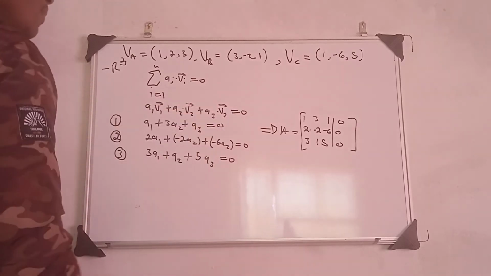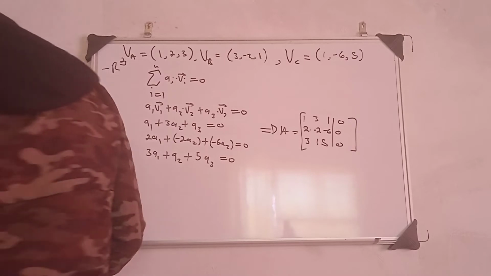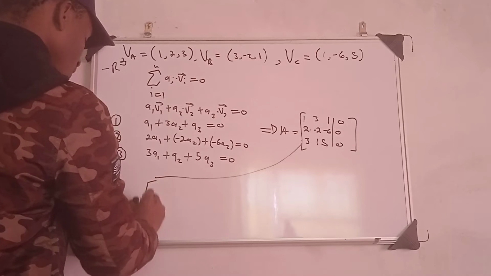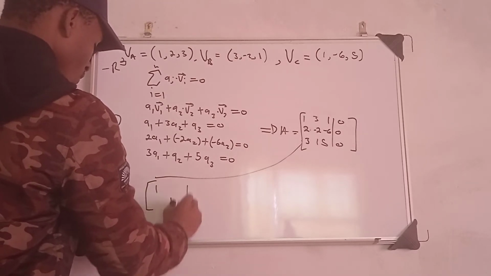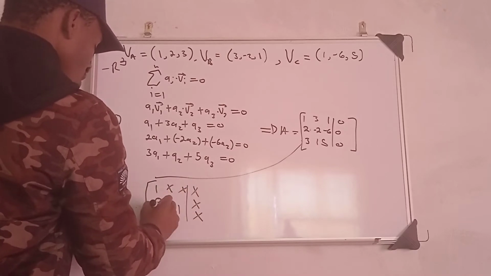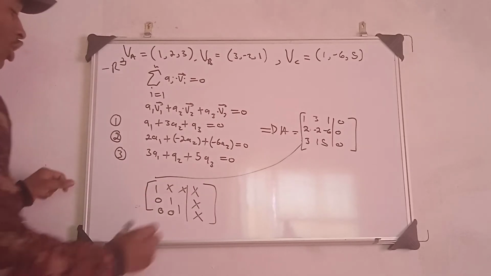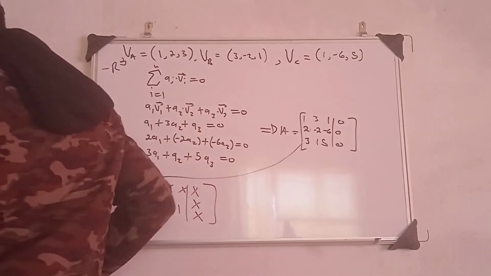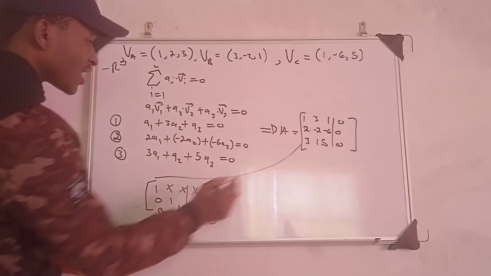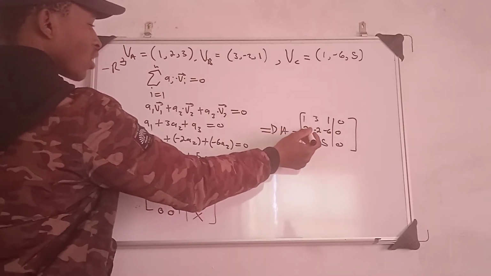But this matrix can be written in row echelon form. But what is a row echelon form? A row echelon form is a matrix like this. This is a matrix in row echelon form. So what can we do to achieve a row echelon form? We can target this entry and try to convert it to 0, or we can try to convert this to 0.